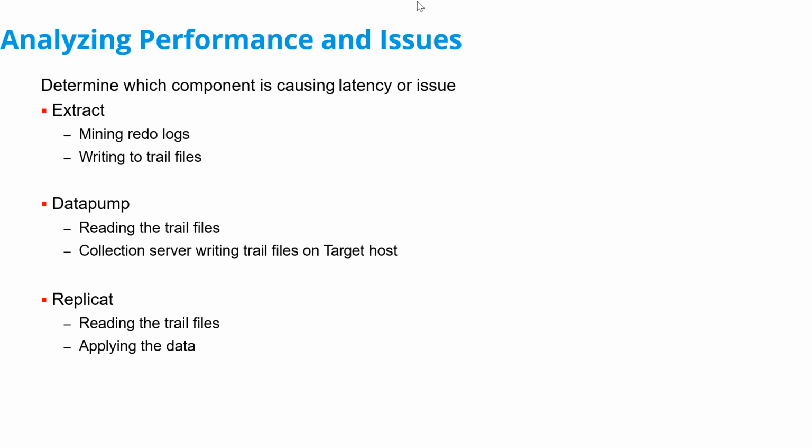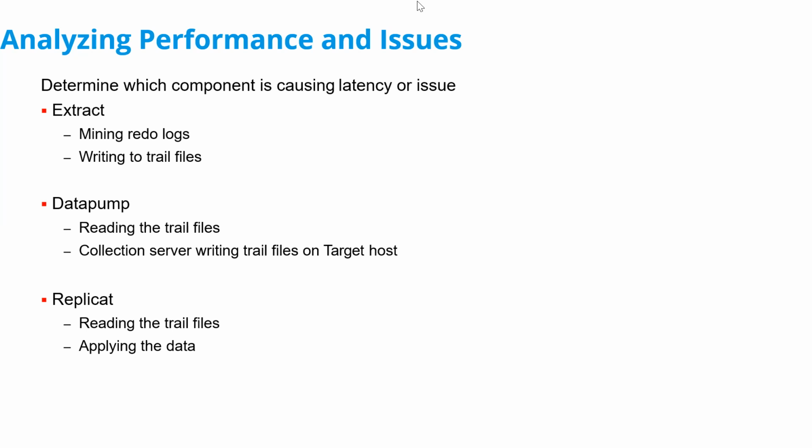Lag means basically the time difference between when a record gets committed on source and when it gets applied on target, right? That means once the record gets committed on the source database, it takes a lot of time in applying.